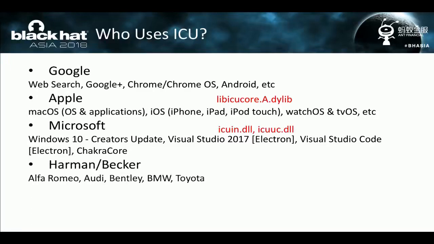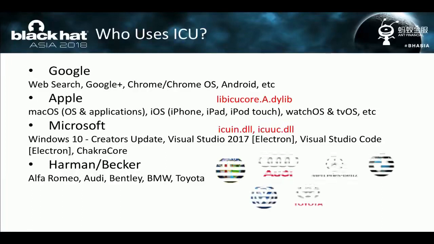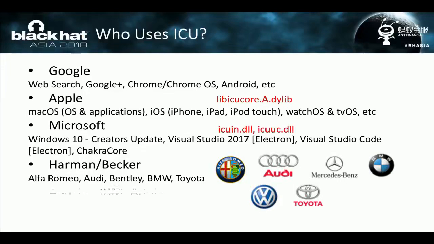Many cars are also using ICU, such as the Harman Becker automotive system in Alfa, Audi, Mercedes-Benz, BMW, and Toyota. Besides, Apache, IBM, Adobe, and Northrop products are also using ICU.